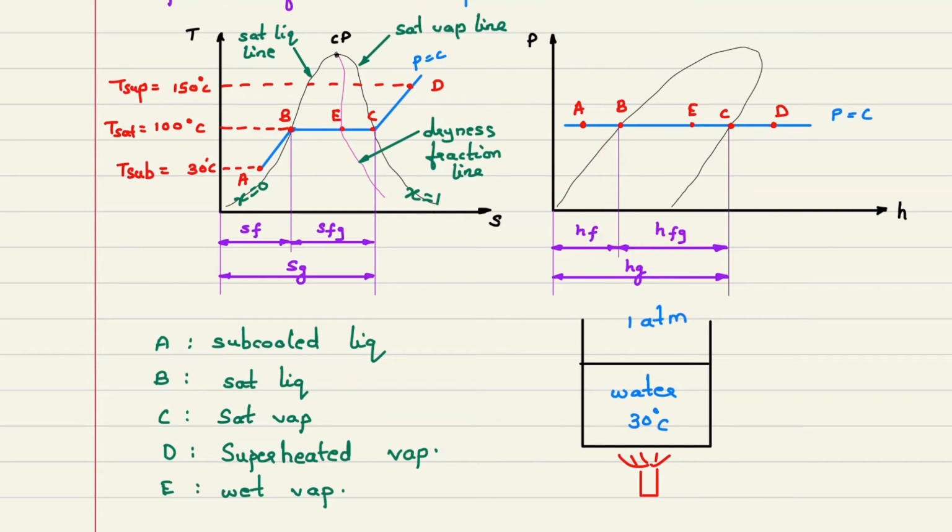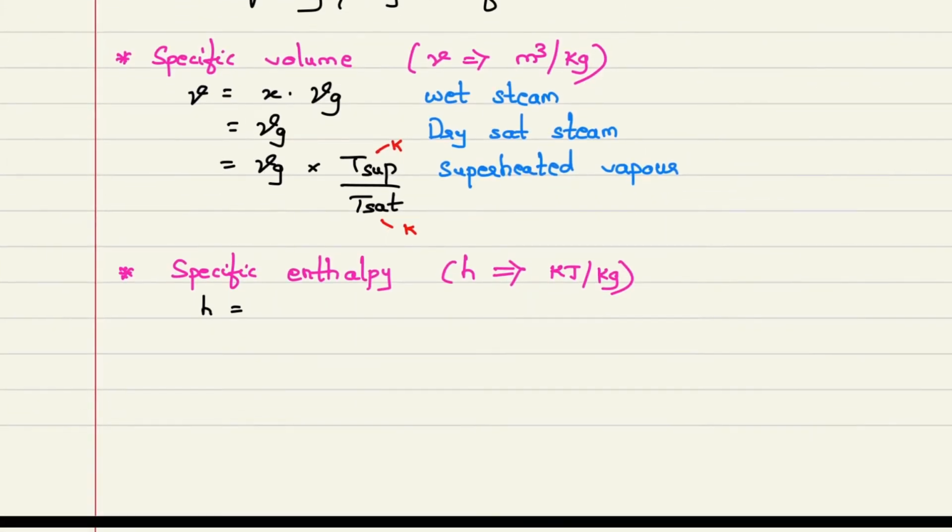In the p-h diagram, for wet steam, which is point E, it will be HF up to here plus X into HFG, dryness fraction into the latent heat of vaporization part. So H will be equal to HF plus X HFG. This is for wet steam.